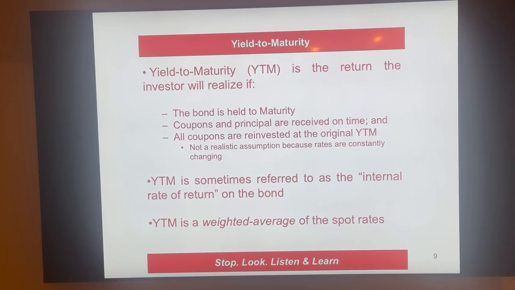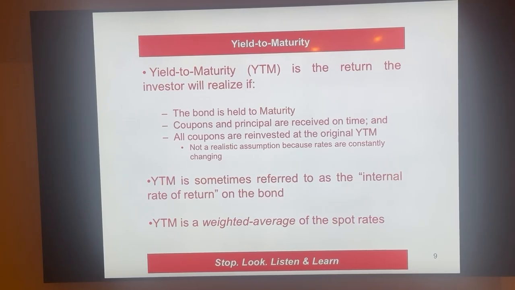The yield to maturity is essentially the return that an investor will realize if they hold a bond to maturity, 2, all of the coupons and the principal or the face value are received on time, and 3, the investor invests all of the coupons at the original yield to maturity when they purchase the bond. Now, that's not a very realistic assumption because interest rates are constantly changing.